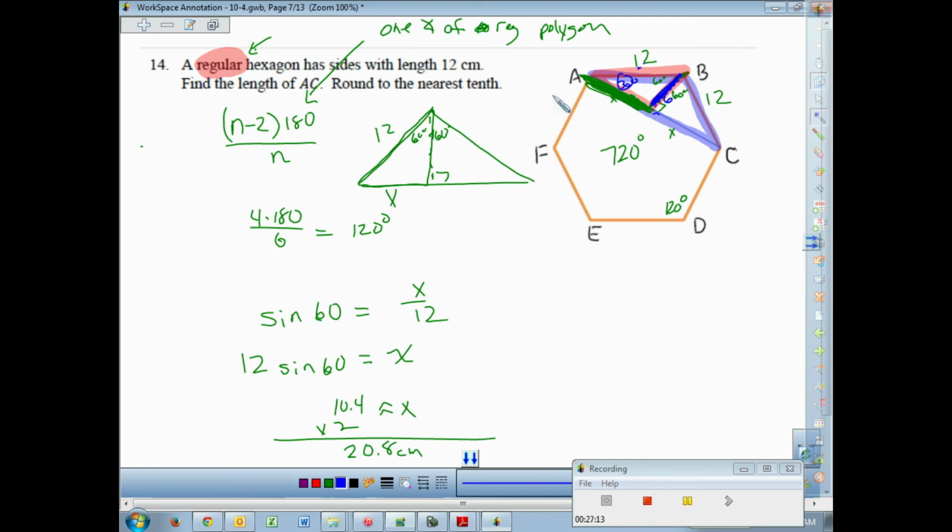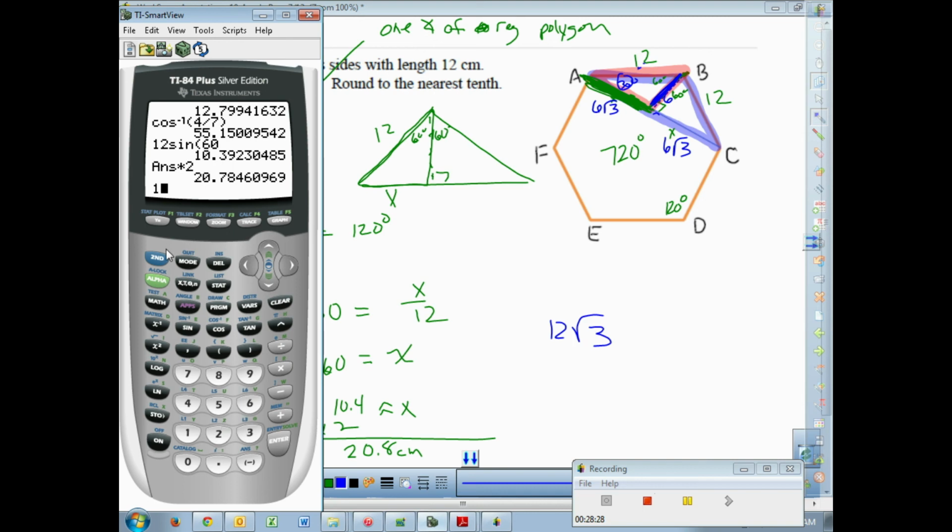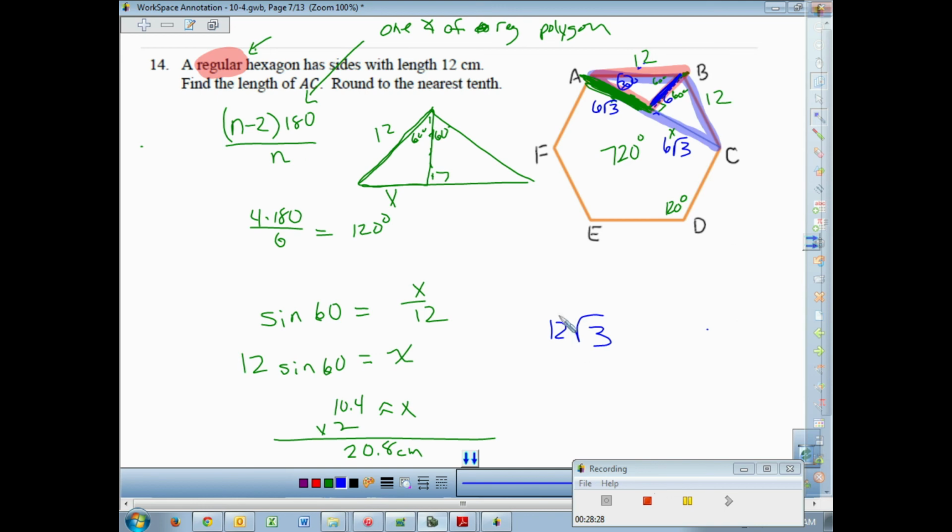This is 6 square roots of 3, and this is 6 square roots of 3. Total, 12 square roots of 3. Just for fun, punch in 12 square roots of 3. I'll bet you get the same thing. Isn't that amazing?